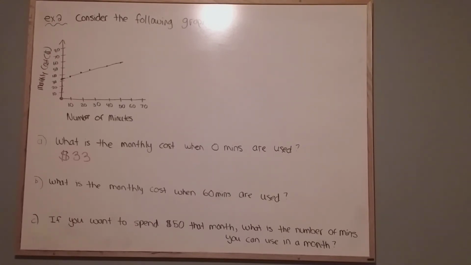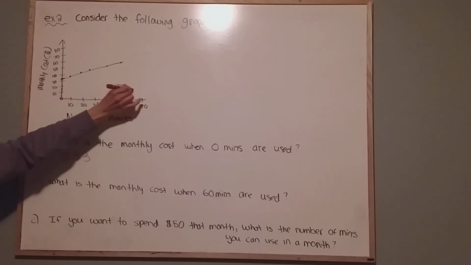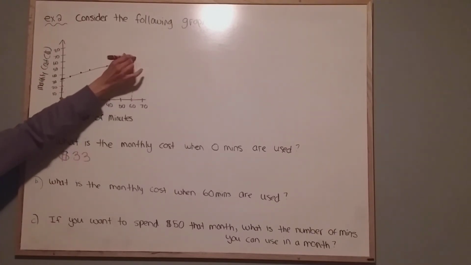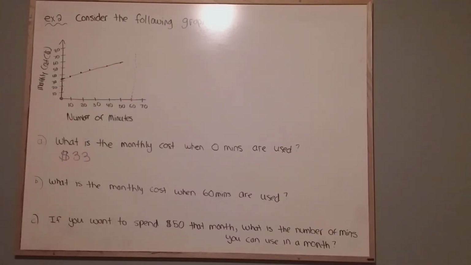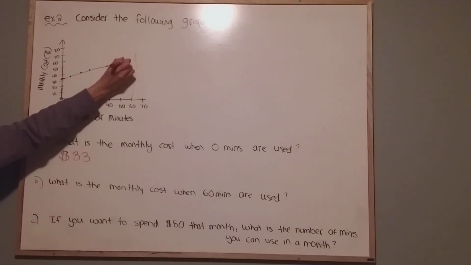B, what is the monthly cost when 60 minutes are used? If I use my phone for 60 minutes, I keep going up. Again, my graph doesn't touch it. So I have to use my ruler and connect to get over here.